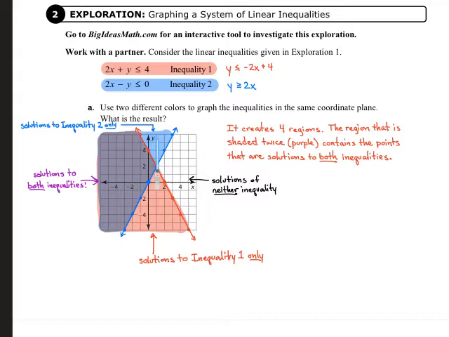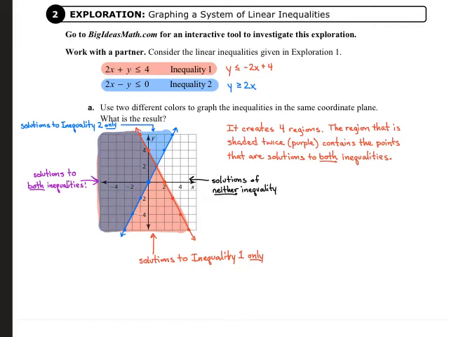These are solutions to inequality 2 only. So solutions to just inequality 2, solutions to just inequality 1, solutions to neither inequality, and then this is what we're looking for. This is our golden child right here. The area that's shaded twice, those are solutions to both inequalities. So any point in here will be a solution.